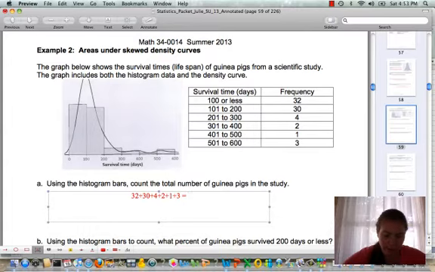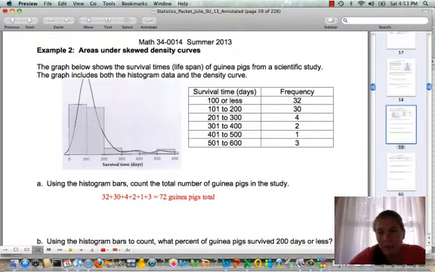And I'm going to tally this up on my calculator. You guys can follow along. So I got 72, so check to make sure that I calculated correctly. So this is 72 guinea pigs total.